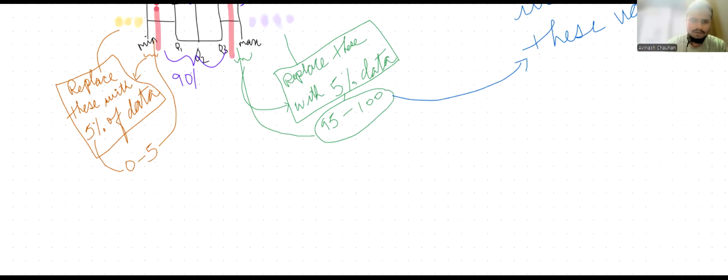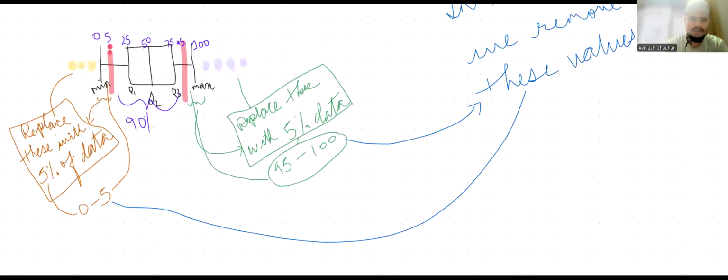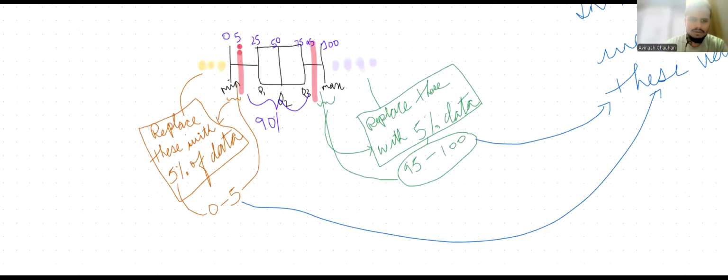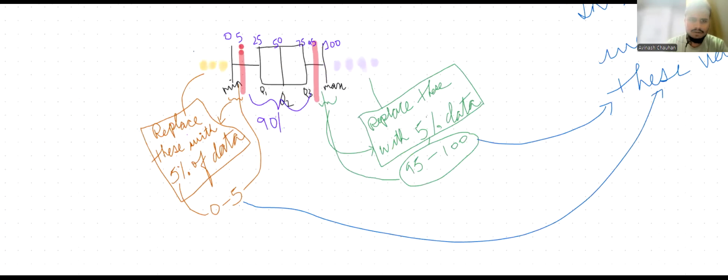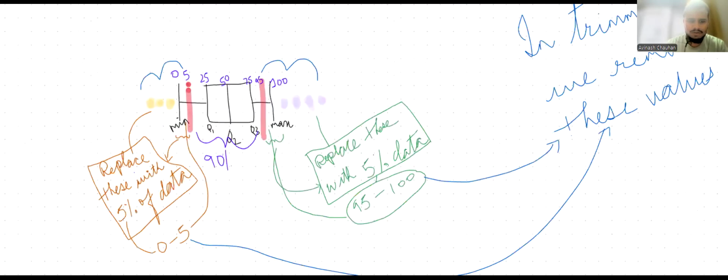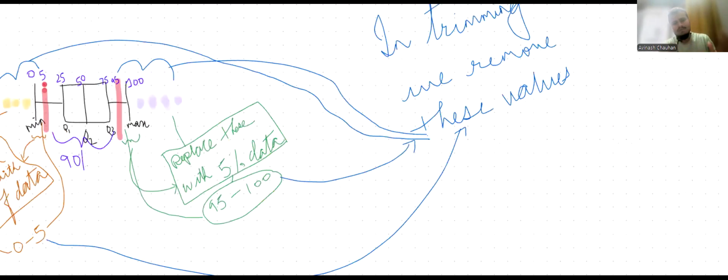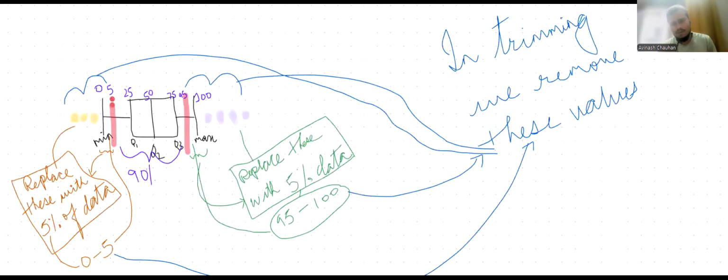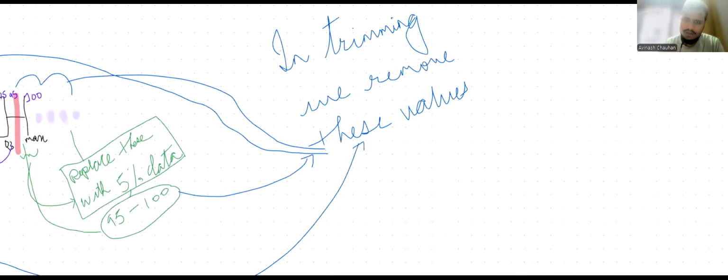From here to here, we are removing these values. So only the data left out will be here.